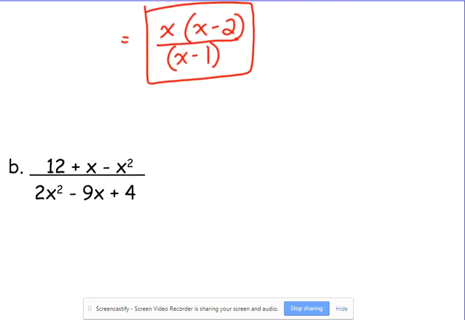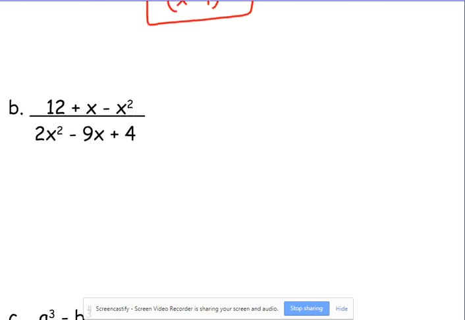All right, let's look at another one. We've got 12 plus x minus x squared over 2x squared minus 9x plus 4. The first thing that I don't like about this problem is that the numerator is not in standard form.